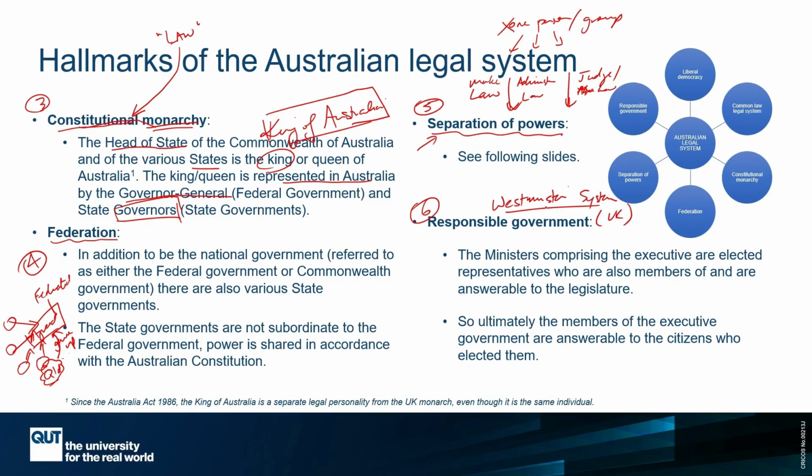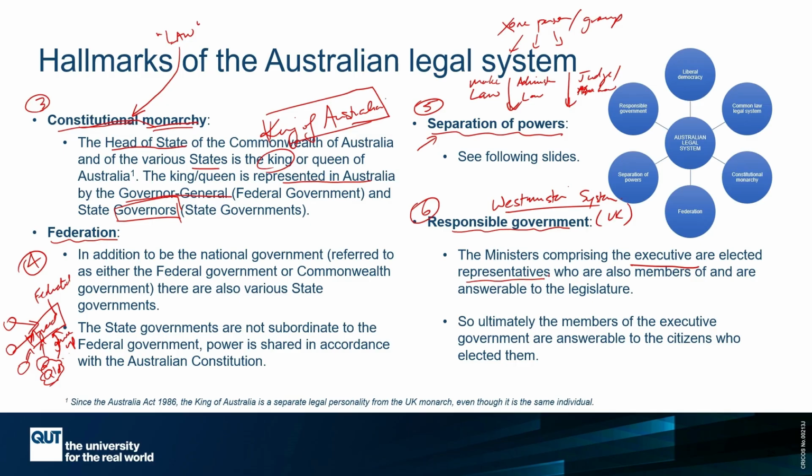Under the Westminster system, we have the principle of responsible government. What does that mean? It means that the executive branch of government are actually headed by elected representatives. So what's the idea here? The idea here is that the person in charge running the operations of government should have to report back to the people through Parliament.